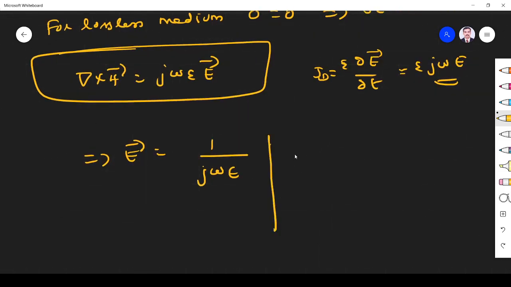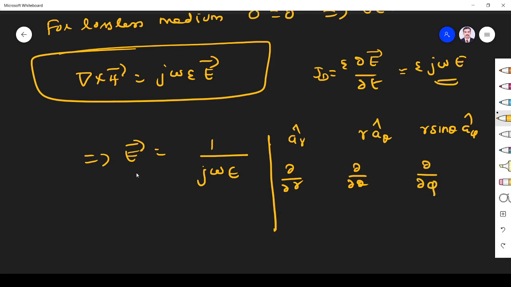As usual, in the spherical coordinate system, del cross H is the determinant with AR, R A theta, R sin theta A phi, dou by dou R, dou by dou theta, dou by dou phi, and then HR, R H theta, R sin theta H phi.